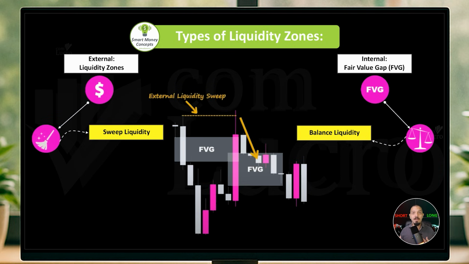In practice, price tends to move between buy-side and sell-side liquidity, seeking these clusters of orders to generate movement and volatility. Recognizing how liquidity flows between these zones helps traders anticipate where price might react and refine their entries, exits, and overall strategy.